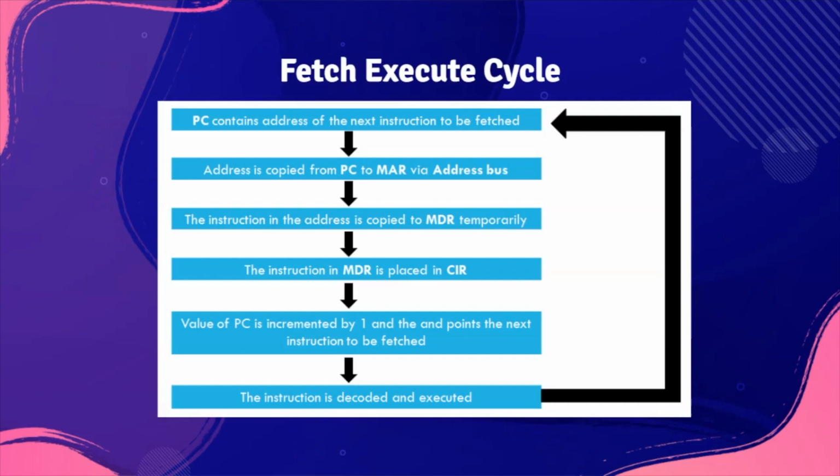Then the contents (instructions) of the memory data register are copied and placed into the CIR, current instruction register. The value of PC is incremented by 1 and points to the next instruction to be fetched. The instruction is finally decoded and executed by sending out signals via the control bus to various components of the computer system, and this follows a loop.